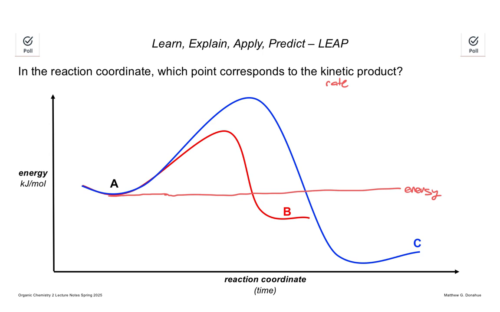And then we see the two curves going to either B or C. And then at each point, we draw the line up. And that would correspond to the energy of activation.